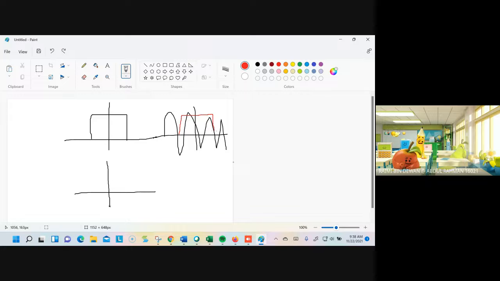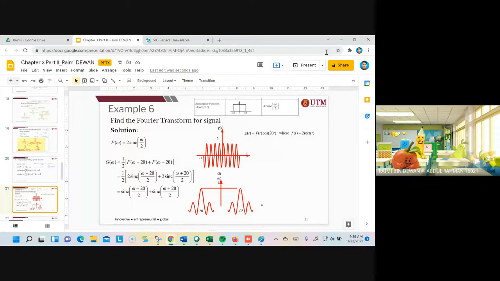Here, for example, only this area, so that's why it is being cut. Instead of being continuous, you only have this part, following the width given by the rectangular signal. Initially the cos is continuous, right? But after modulation, the information is only at a specific time, and there is no other information in the modulated signal.